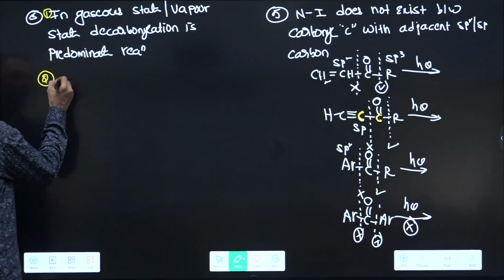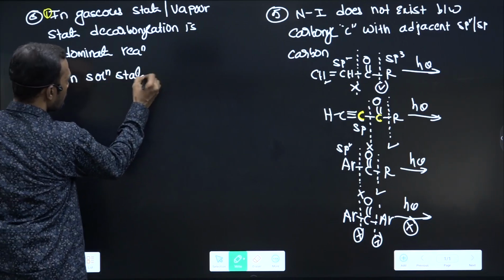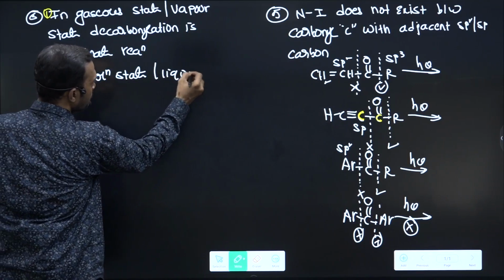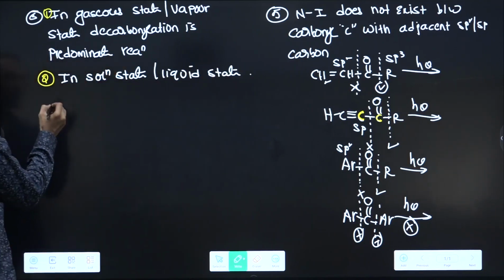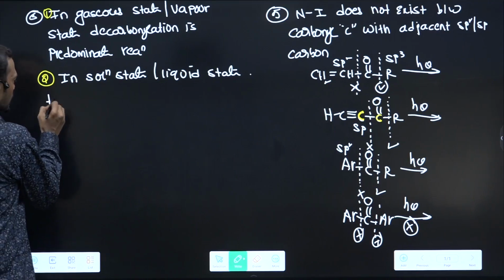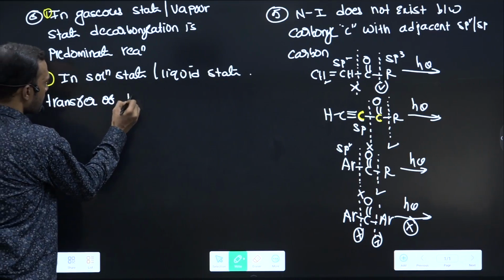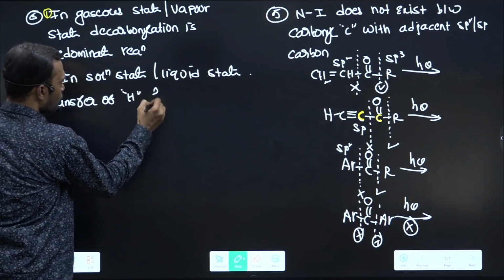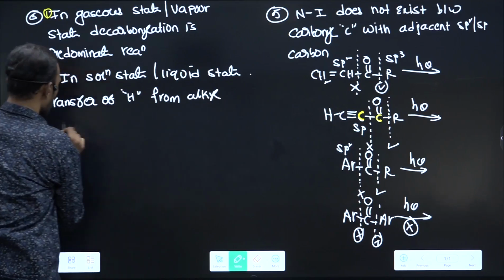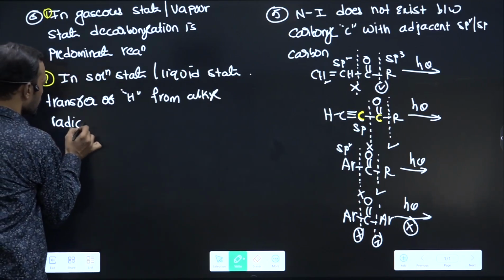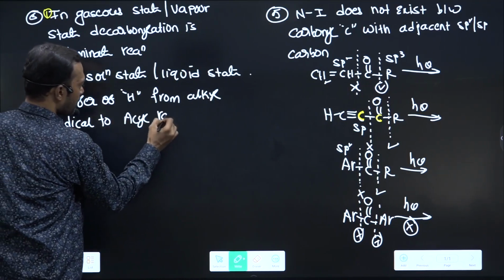Suppose in solution state or liquid state, transfer of hydrogen from alkyl radical to acyl radical is predominant.